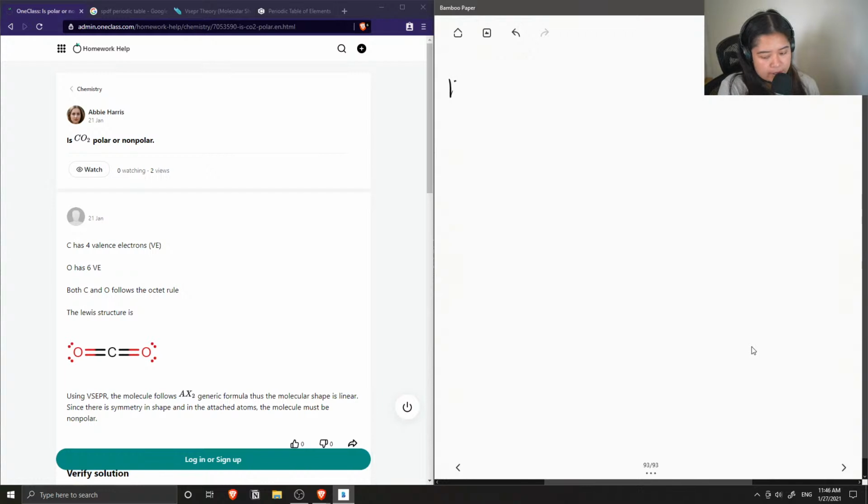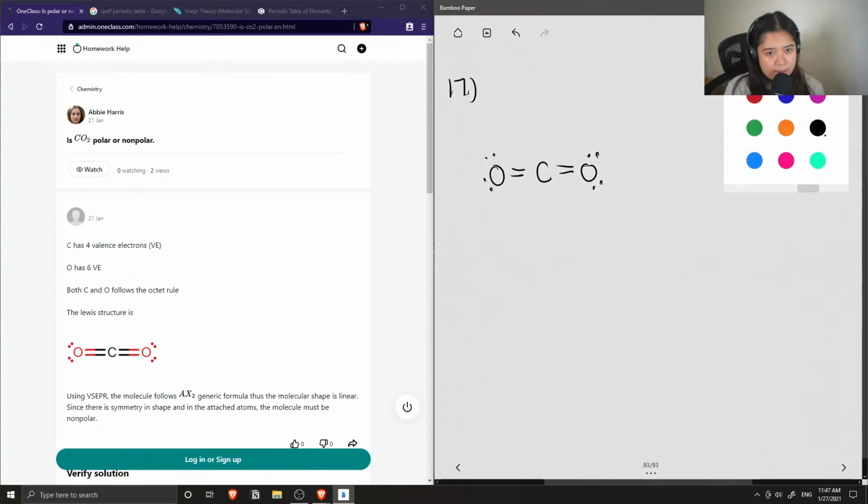Okay, so question 17, is CO2 polar or nonpolar? If we were to draw out its Lewis structure, you'll see that it is a symmetrical molecule. And the carbon has no lone pairs.